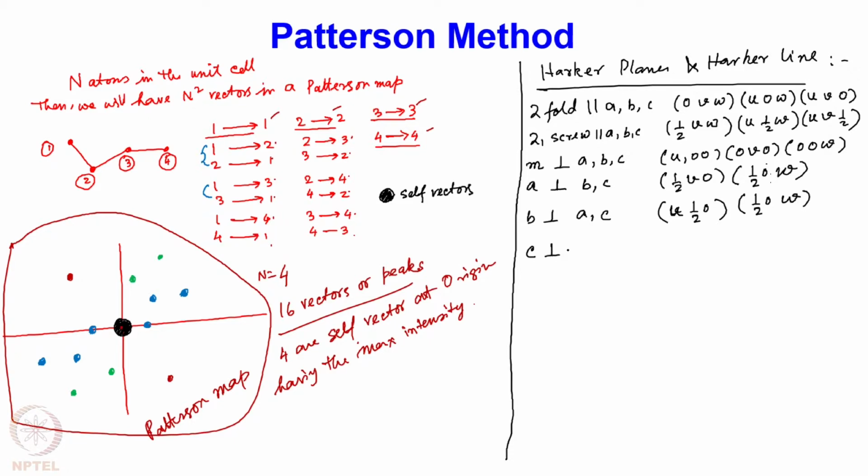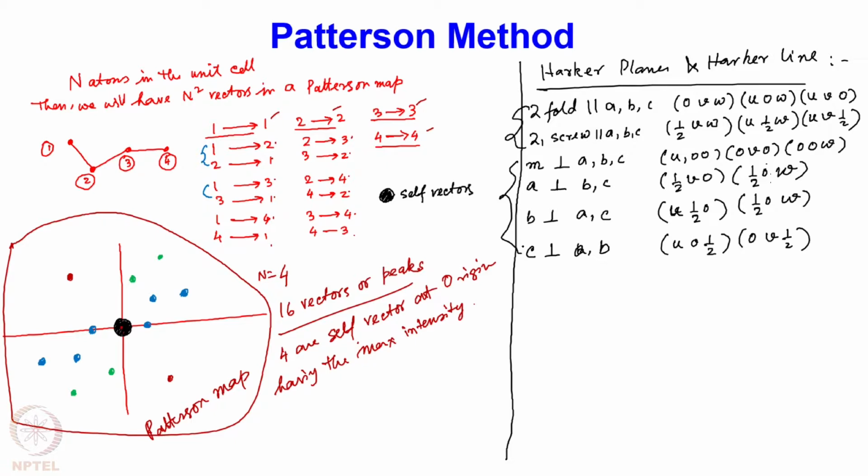Similarly, C glide perpendicular to B or A will generate the Harker lines at u 0 half and 0 v half. So these are the corresponding Harker planes which correspond to the 2-fold and 2-1 screw axis, and these are the Harker lines which correspond to mirror or glide plane.